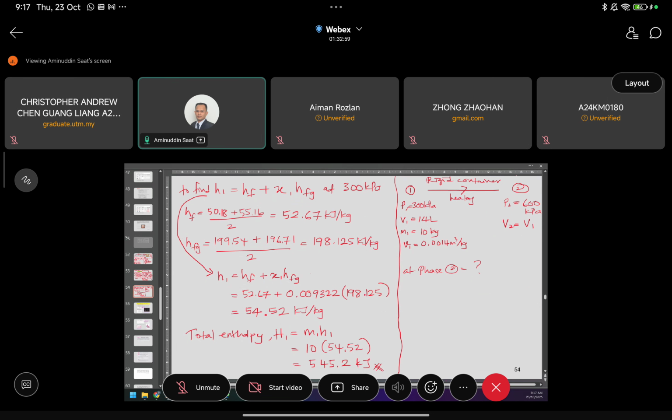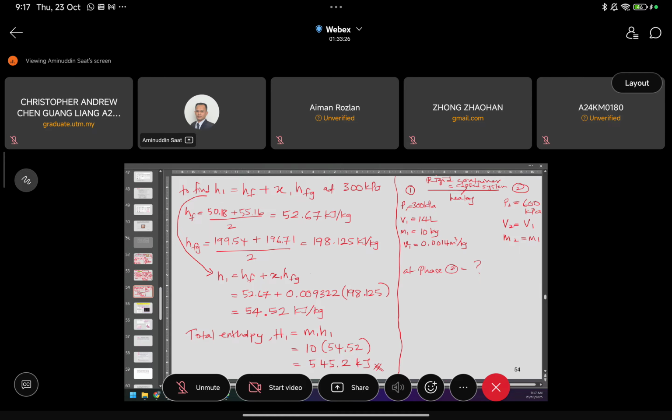So V2 equals V1. Because the volume is constant, and a rigid container is considered a closed system, you are not allowing any mass going in or going out. So mass 2 is also equal to mass 1.